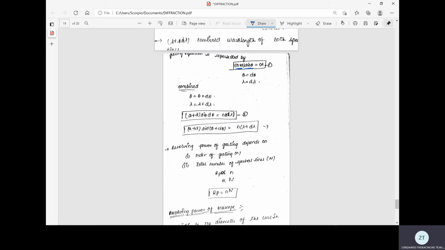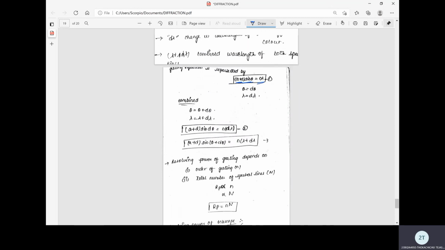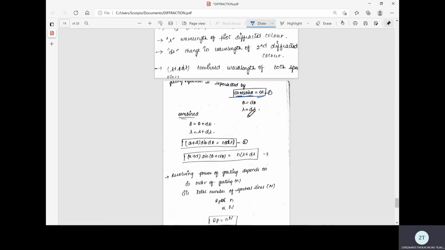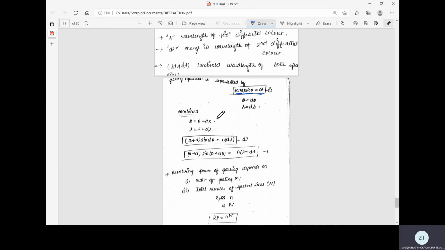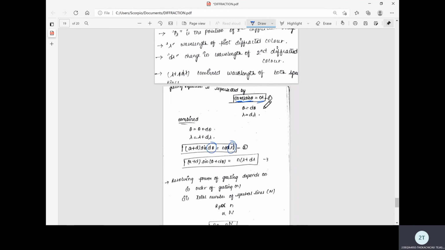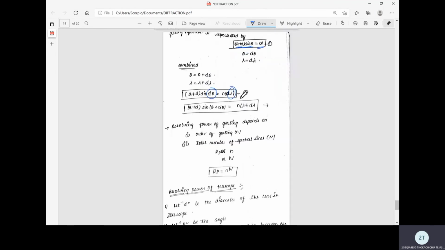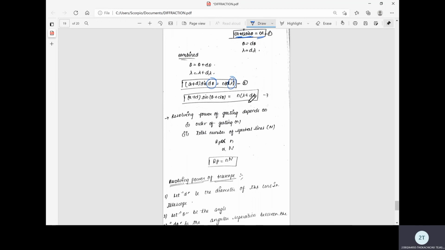That is, a plus d sine theta equals n lambda. And lambda here is for the first light ray, and substituting these values in this equation, we obtain these two equations. The first one is for the difference between these two images, that is the two diffraction angles and two wavelengths, d theta and d lambda. The second equation is directly for the P2 image, that is theta plus d theta and lambda plus d lambda.